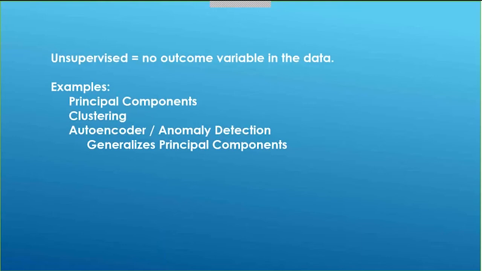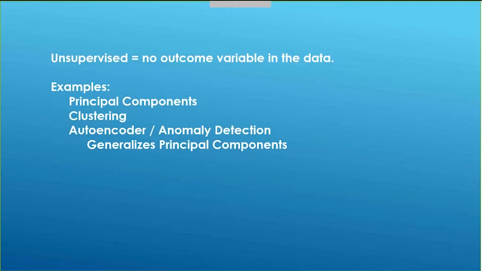We don't have an outcome variable that we're looking for. We're looking for some kind of anomaly that is atypical. So actually, the anomaly detection in deep learning is in a sense an extension of principal components, or clustering approaches.